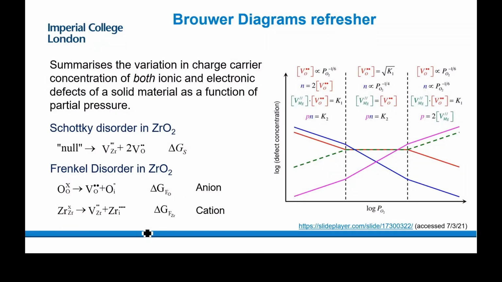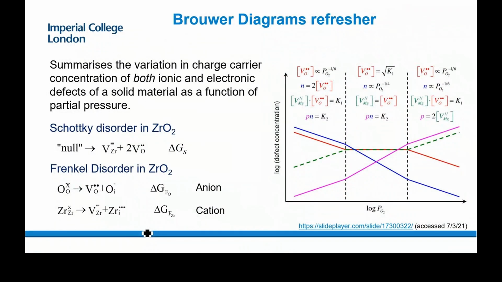So here you have n proportional to PO2 to the minus a quarter, so you've got a slope. Okay? You've then got the concentration of your magnesium vacancies, in this case, equal to the concentration of your vacancies on the oxygen sites, and so you end up with a relatively flat part of your Brouwer diagram, which will tell you that that's essentially your ionic domain.